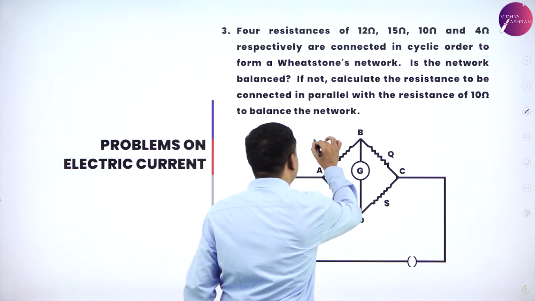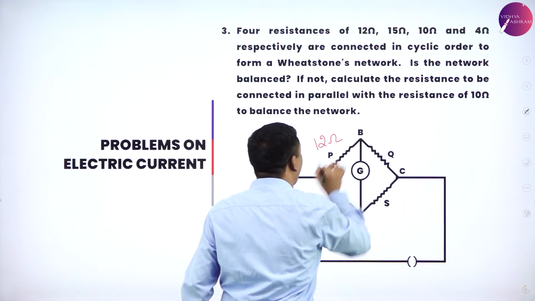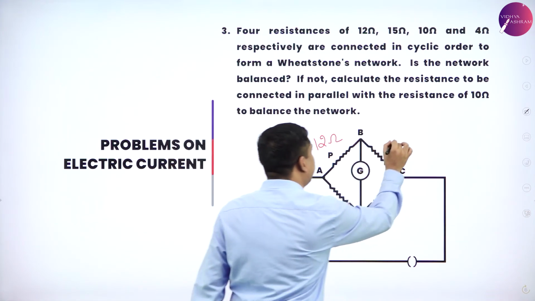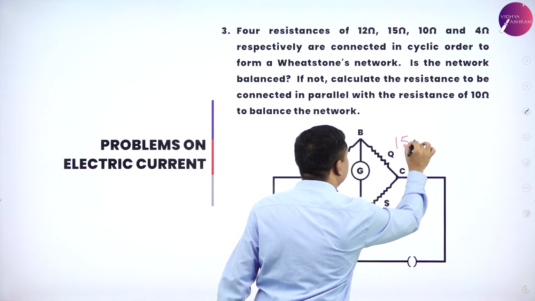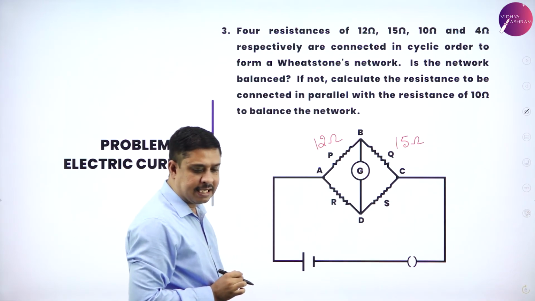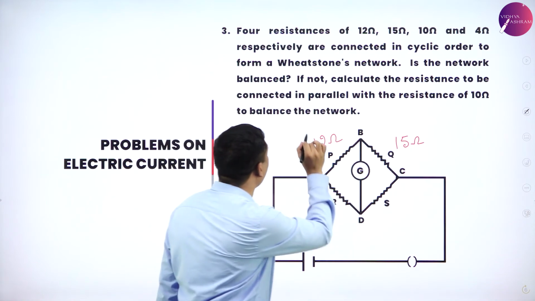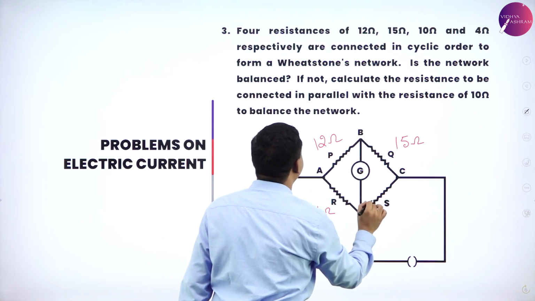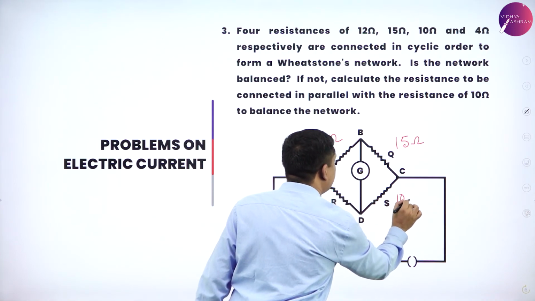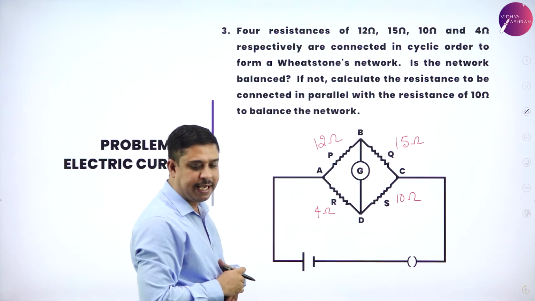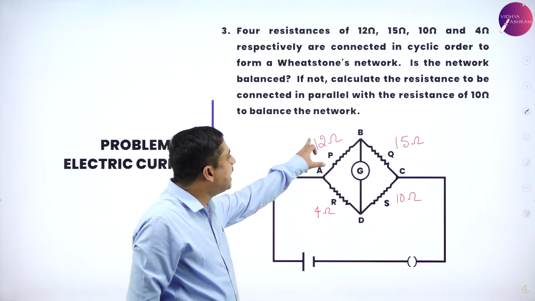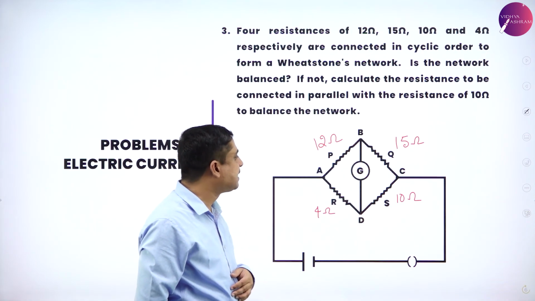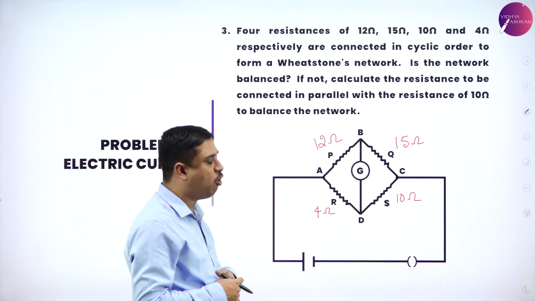So P is given to be 12 ohms, Q is given to be 15 ohms, R is given to be 4 ohms, and S is given to be 10 ohms.